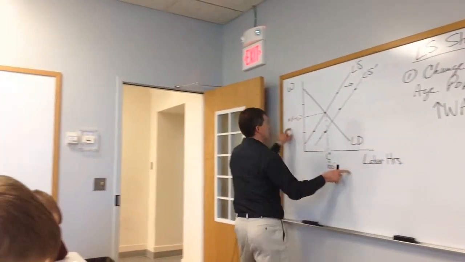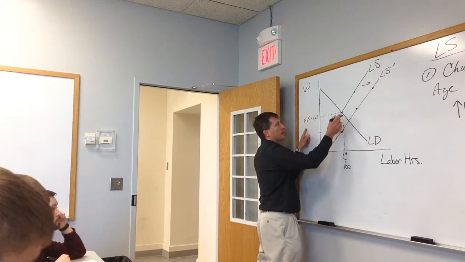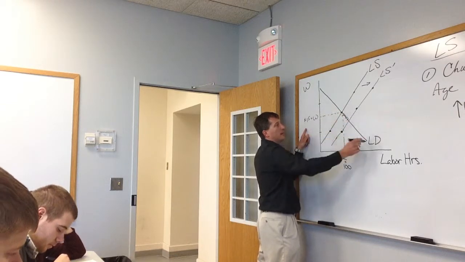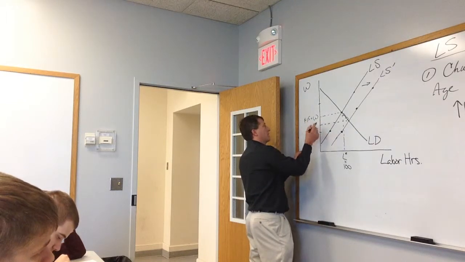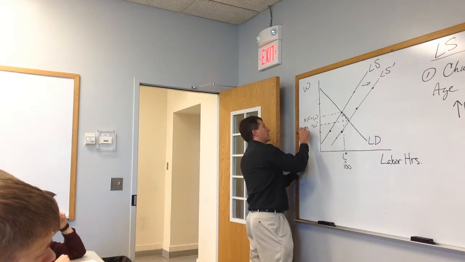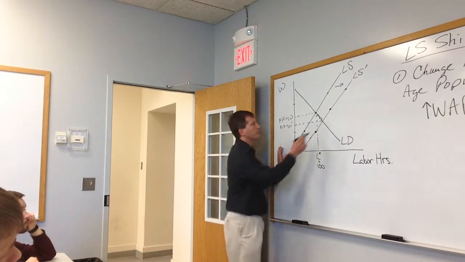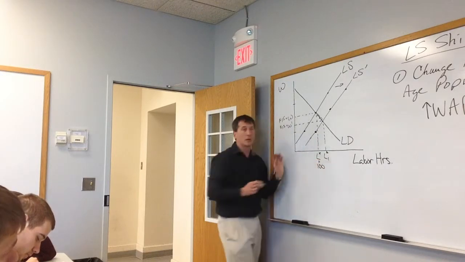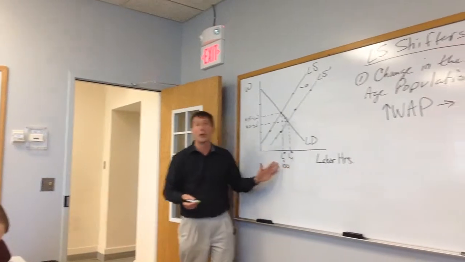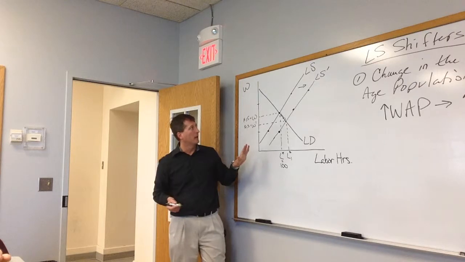So now we look at our horizontal and vertical axis to look at the impact of that movement. Working age population increased. We moved along the labor demand curve to a lower wage. Let's just say, to make up some numbers, to $13. So real wages came down, and more hours are being worked, not necessarily more people again, but more hours. And then we're done.